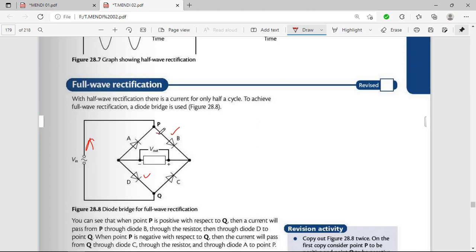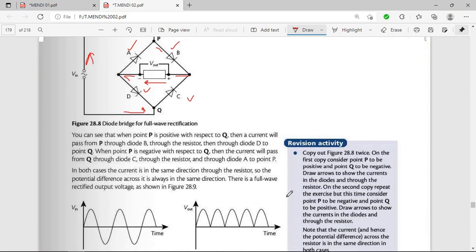Because current will go through B, then after this, then it will go through this V out, then this one in this direction, then back to the original. And also if current is coming from this one, so C and A will conduct. So as you can see, current always passes through this point in one direction, no matter what.